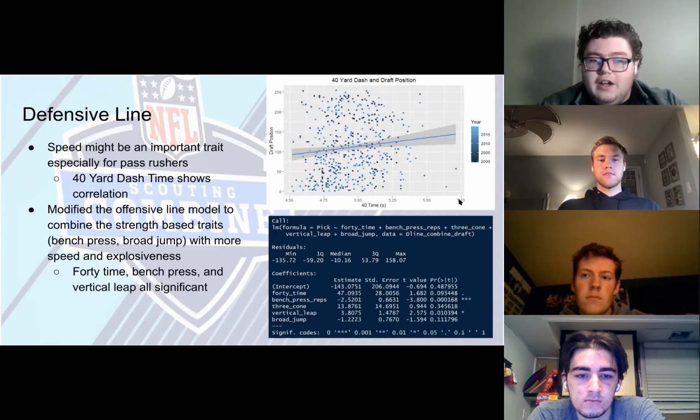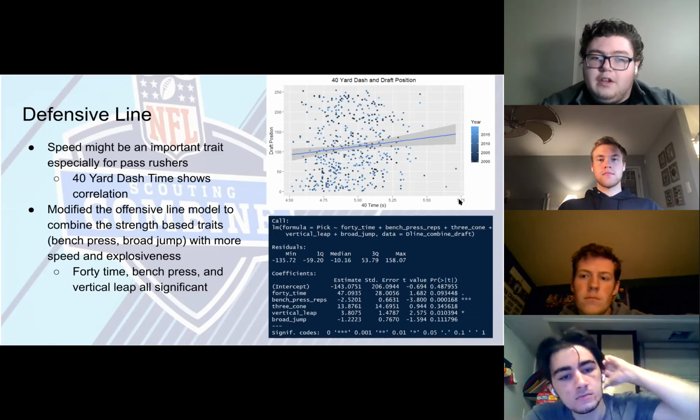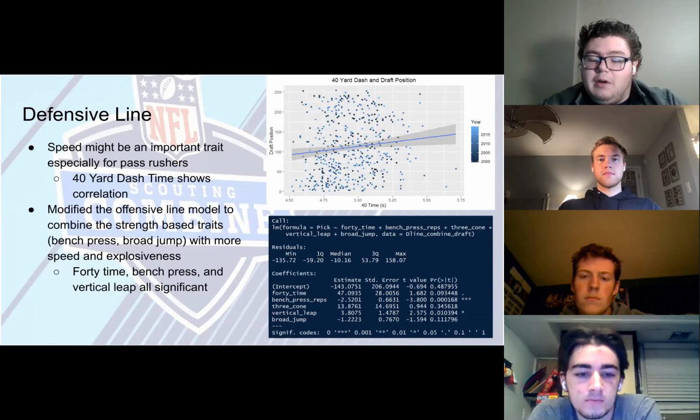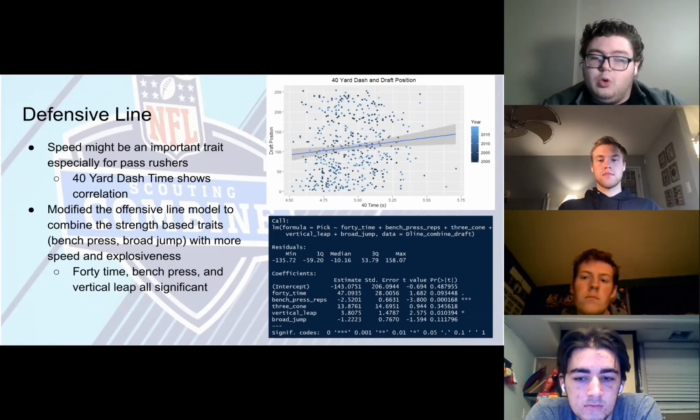So we modified the model, and we wanted to take those strength-based traits that we found with the offensive line and combine them with the more speed and explosiveness-based traits. We found that our 40 time, the bench press, and the vertical leap were all significant at the 10% level. All of those were correlated the way we would expect, where a high bench press means being picked closer to the first round, whereas a high 40 time means you're being picked later on.